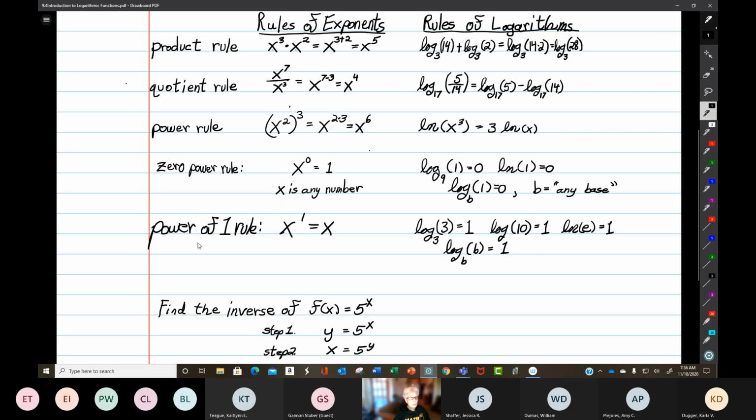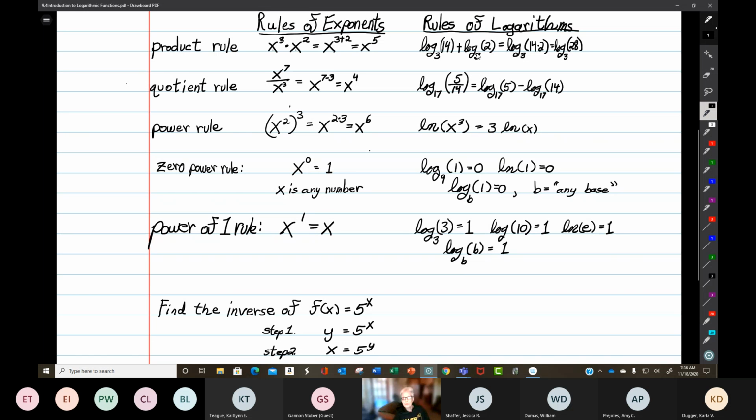And the power 1 rule is that any number raised to the 1 power is just the number itself. There are similar rules in logarithms, but they're from the perspective of the exponents.